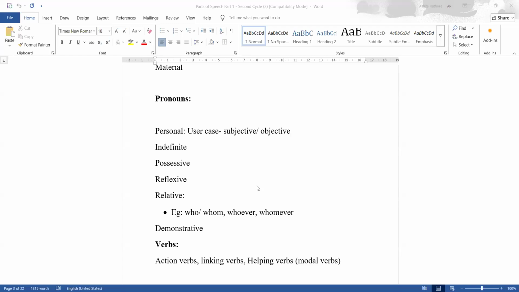Myself, yourself, herself, themselves. That is reflexive. Relative is also a very important point. Sometimes sentence correction questions come on relative pronouns. Who, whom, whoever, whomever. What is the difference between who and whom?